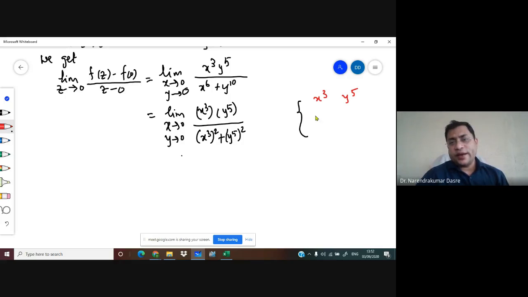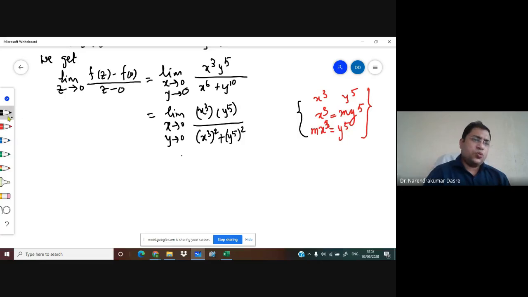So that means there is some relation for this simultaneous limit, so that this will happen simultaneously and this will reduce. So I can say either x cube is equal to m y raised to 5, or m x cube is equal to y raised to 5. You can use any one of these. Then as x tends to 0, obviously y will tend to 0, and if y goes to 0, obviously x will go to 0, where m is some constant.